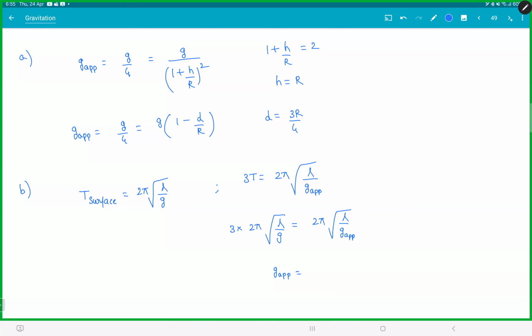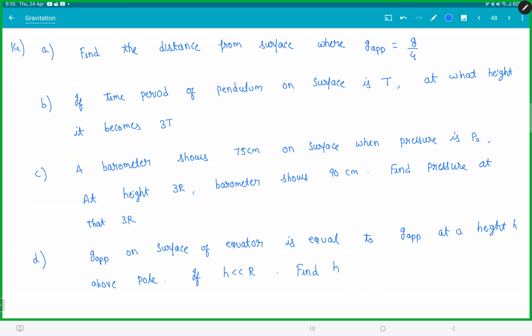So g apparent will be, 2 pi will cancel, L will cancel, you end up with g by 9. This is nothing but g into 1 plus h by R whole square. So 1 plus h by R is 3 and h by R is equal to 2 and h is equal to 2R. Easy? Yeah, it is all about that. Get the g apparent, put it in the formula and you're done. What about third and fourth?